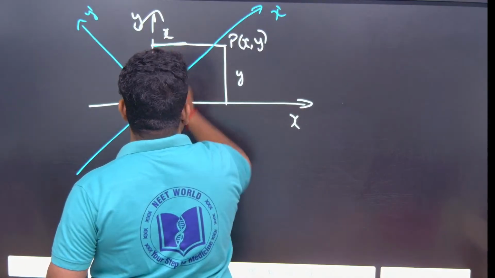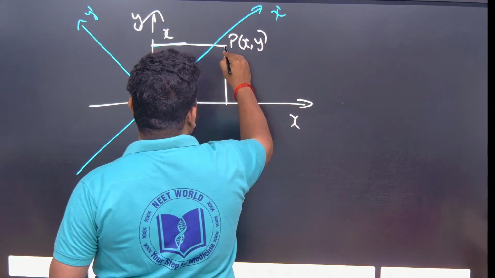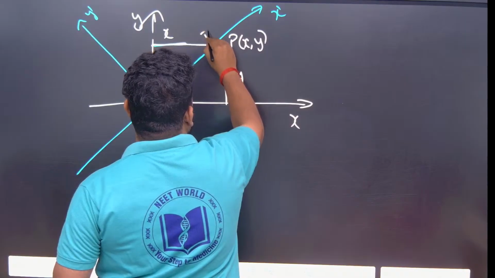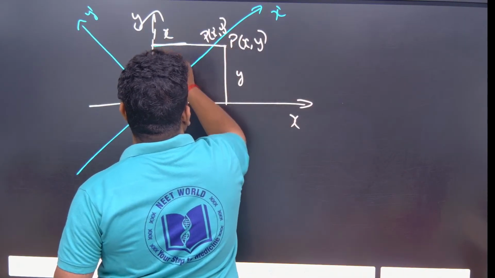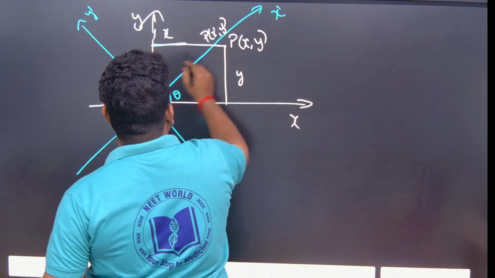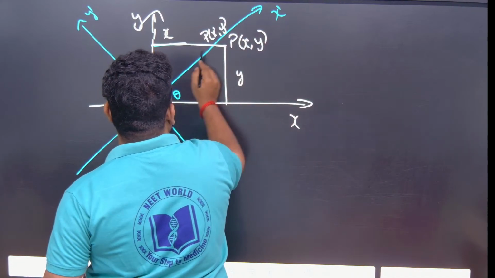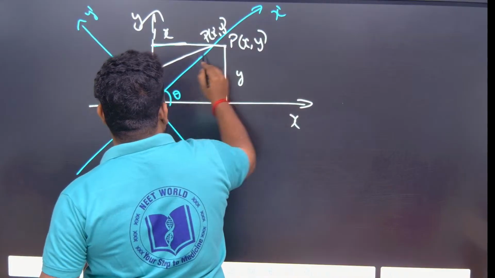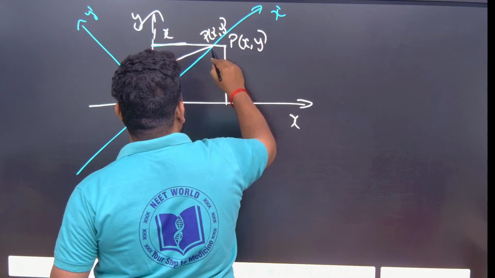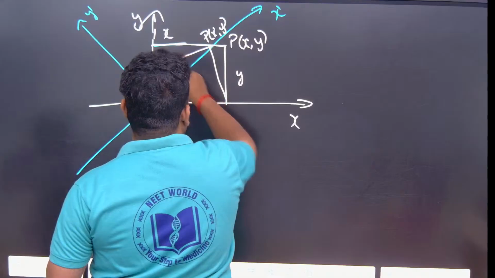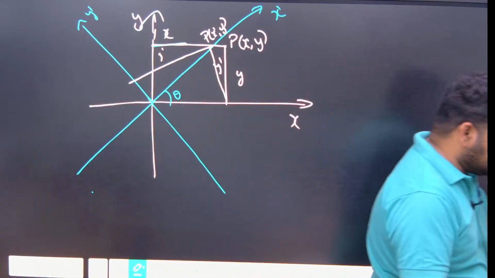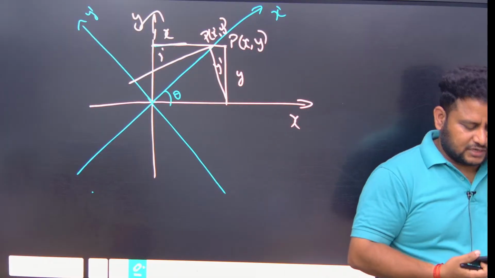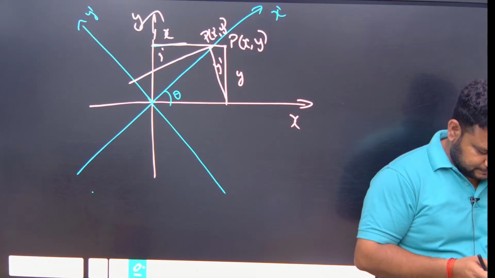Is length x. Now point P was here. Now it has become what? Point P has come here, x dash, y dash. So this length, and also this length, you will get new lengths, that is x dash, y dash. Clear?